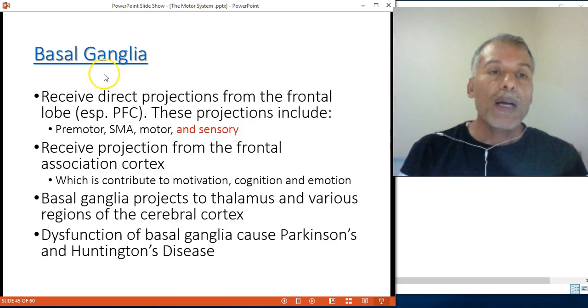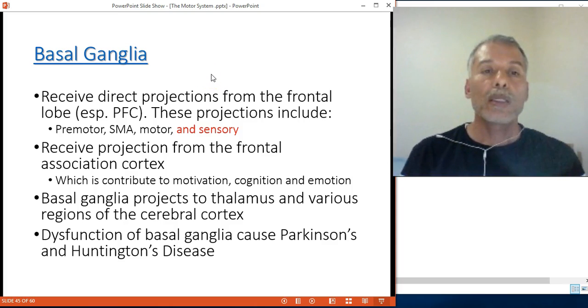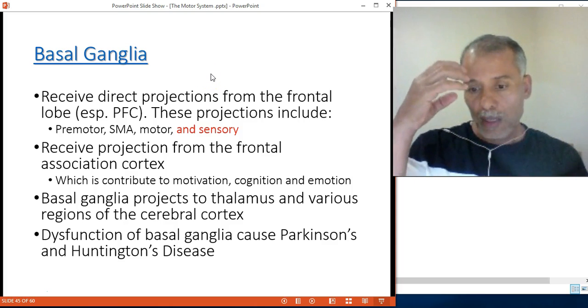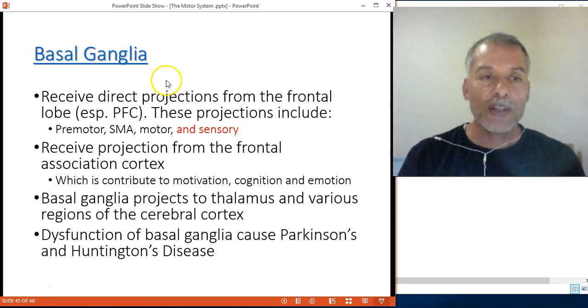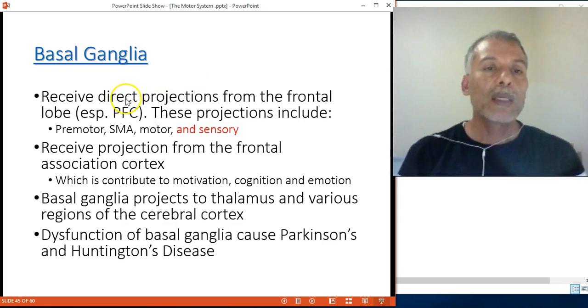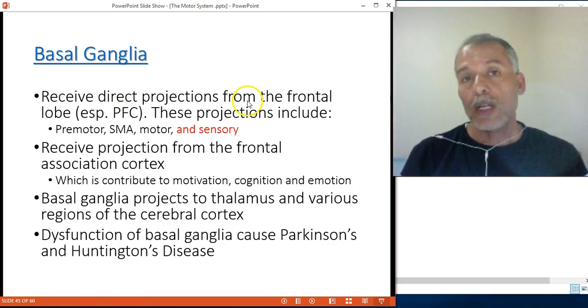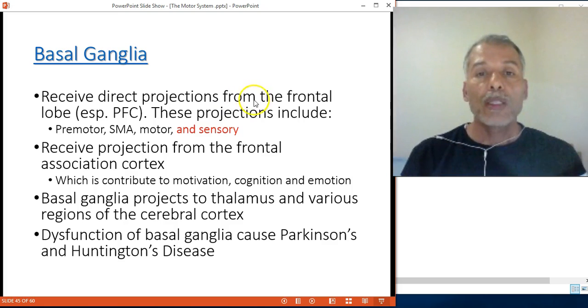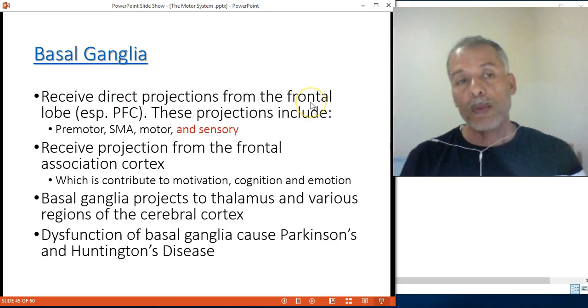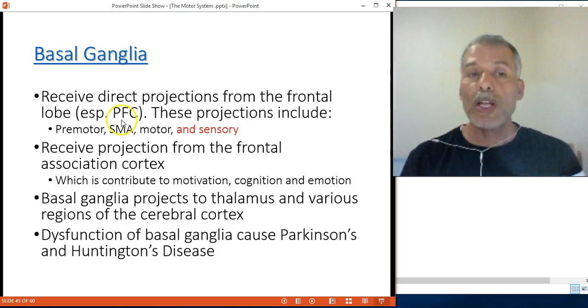The basal ganglia are critical in that regard. The basal ganglia are deep in the white matter, and they receive direct projections, as we explained earlier in another section. They receive direct projections from the frontal lobe of the brain, especially the prefrontal cortex.